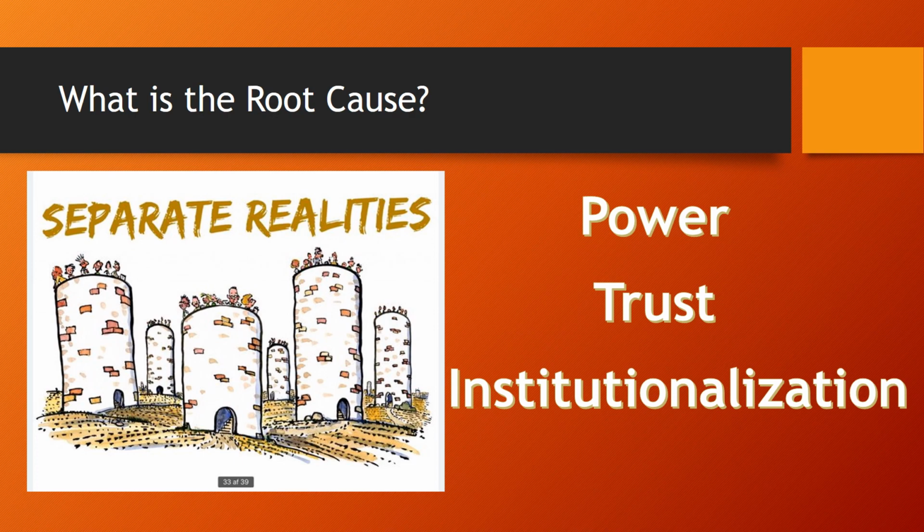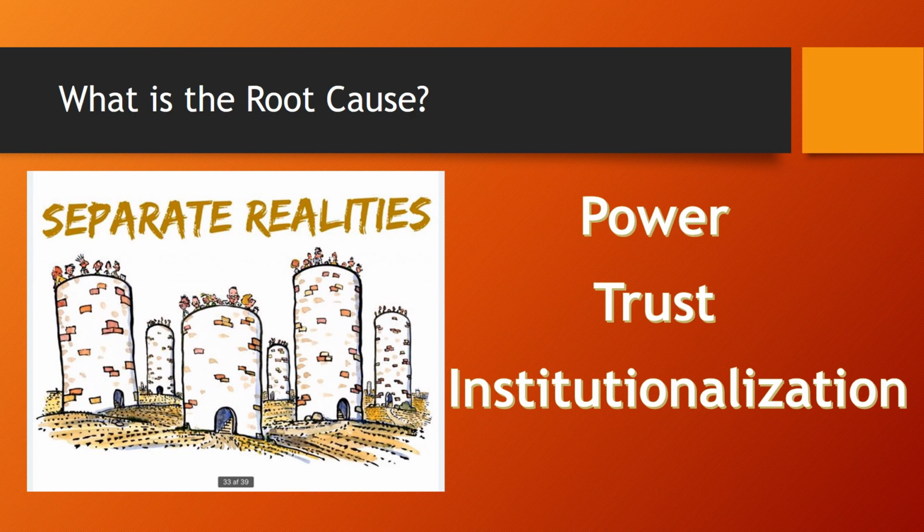Another thing that causes a silo effect is feeling like, wow, we become so institutionalized, this is what we do, that we want to make sure that we protect the tradition, that we protect the way that things are right now, and we don't want them to change. They've got to stay this way. This is what we're looking to do.